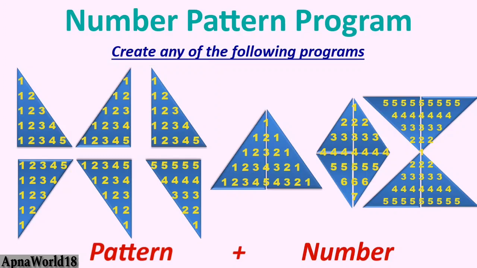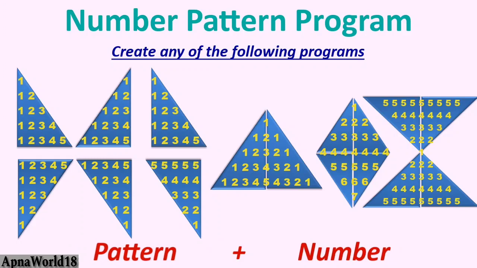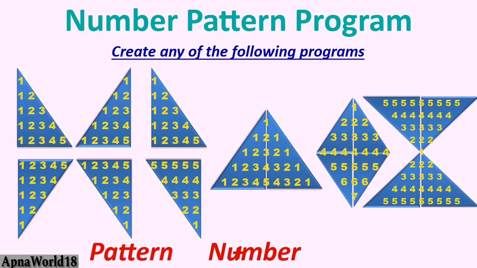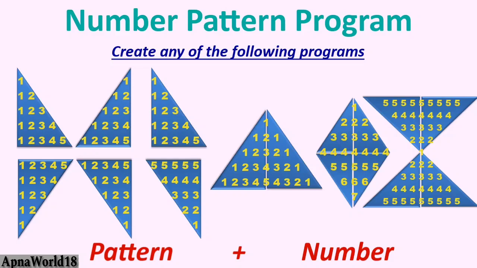If you are new to number pattern programming, the first thing you need to remember is that you should not mix the code for these two. Means your program will have two separate logics, one to make the pattern and other to put in the numbers as per the question.